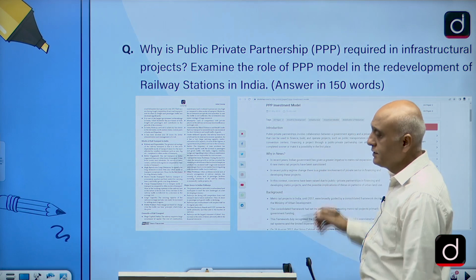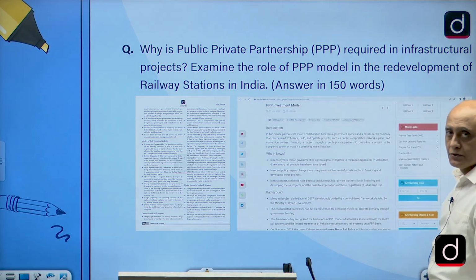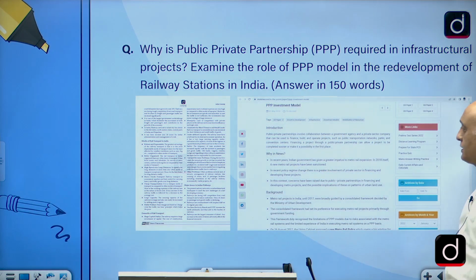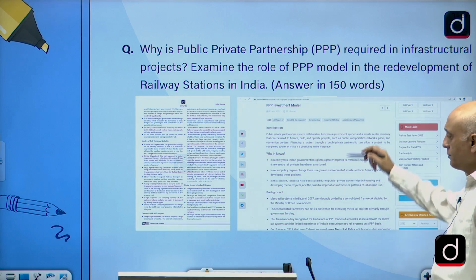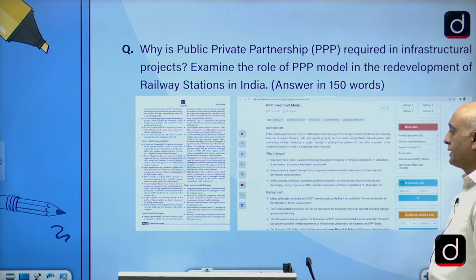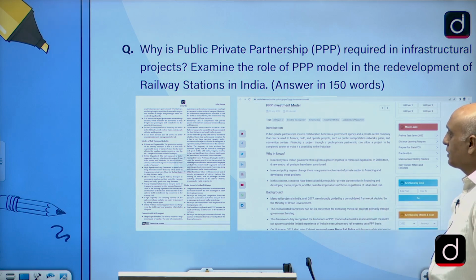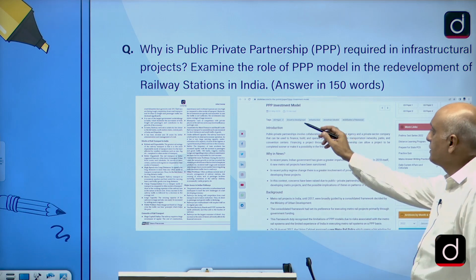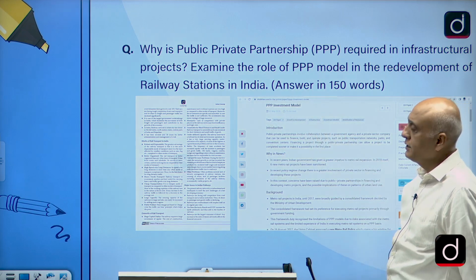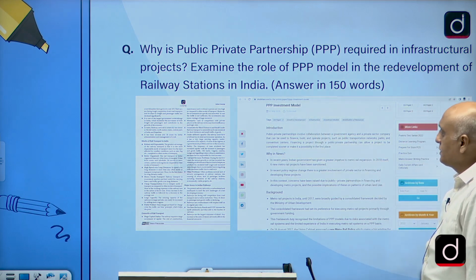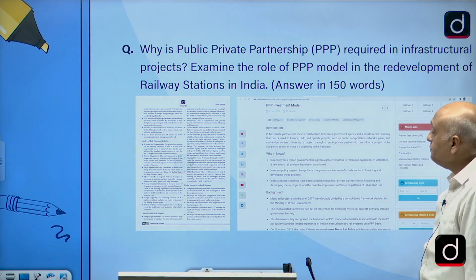And in the current affairs materials that we provide to students in the form of magazines and other articles, the PPP investment model is thoroughly explained, and it is connected to rail projects also in one of the areas. This was released on 1st May 2019 on the application that you have.